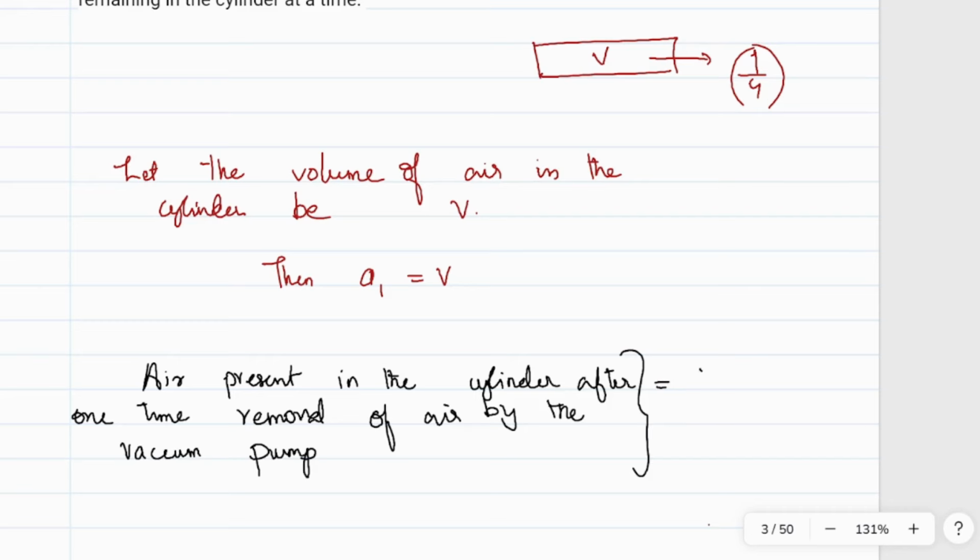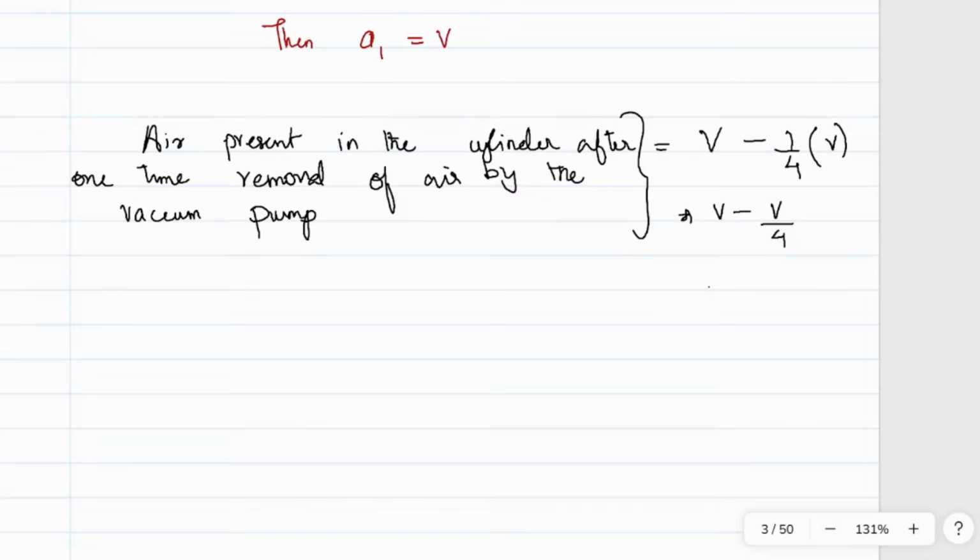From the original volume, we need to reduce 1/4 of it, that is 1/4 of V, which is equal to V minus V by 4. So I need to take the LCM here. So 4V minus V divided by 4, which is equal to 3V divided by 4.